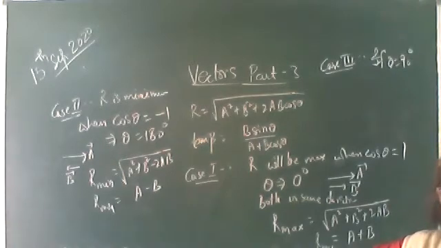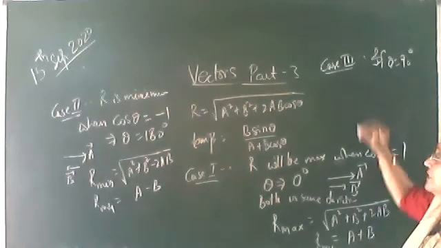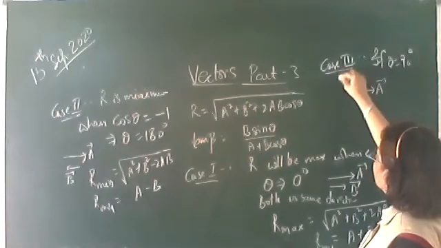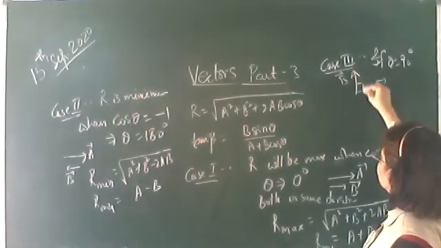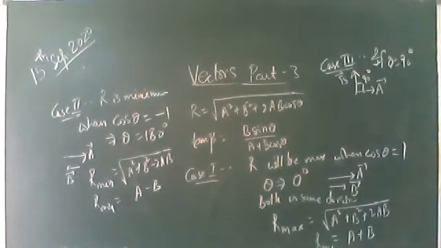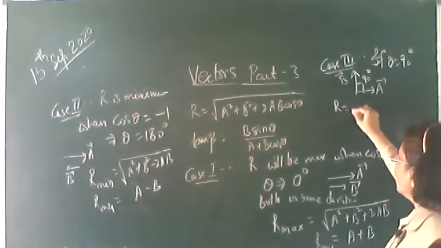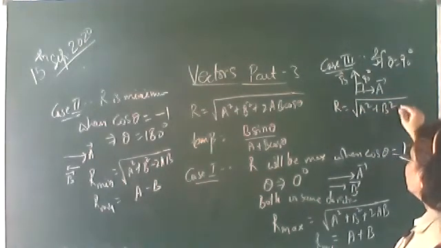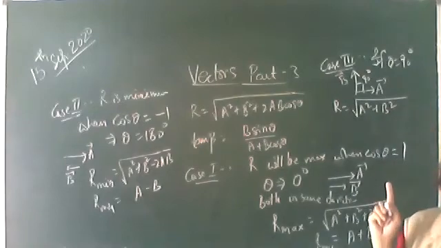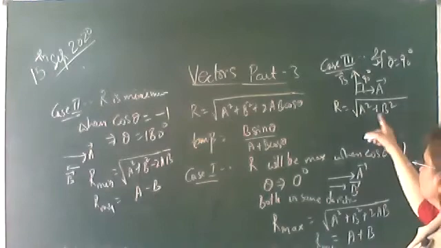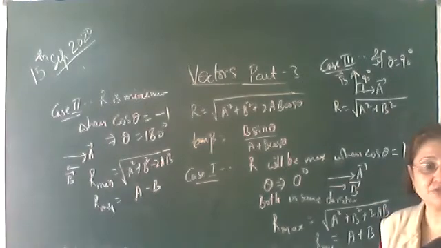The two vectors A and B are perpendicular to each other. That is, the angle between the two vectors is 90 degree. Now let's find out the resultant. R will be equal to under root a square plus b square plus 2ab into cos 90. And cos 90 is 0. So what will be the resultant? Under root a square plus b square.